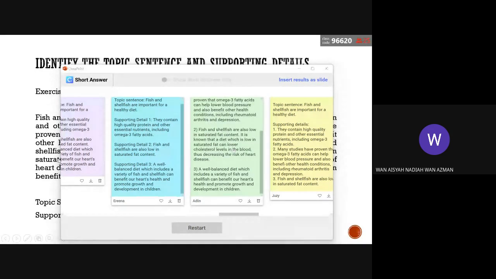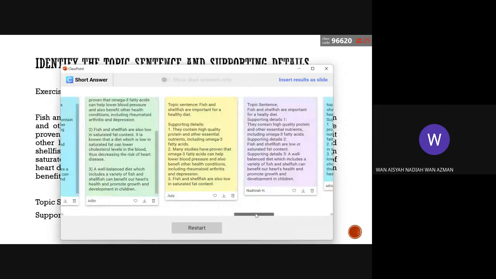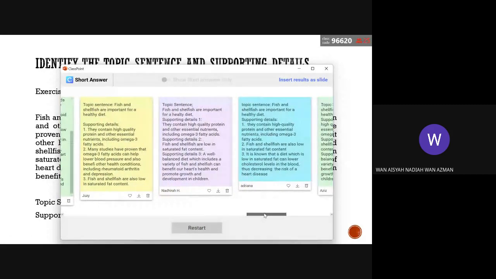And then the last one, okay, the last supporting detail which would be, okay, a well-balanced diet, which includes a variety of fish and shellfish, can benefit our heart's health and promote growth and development in children.